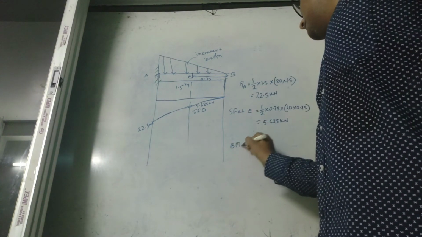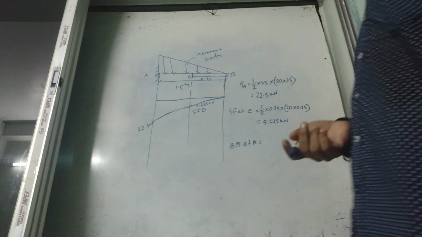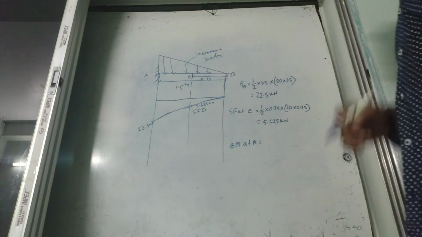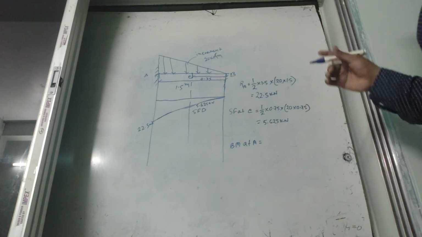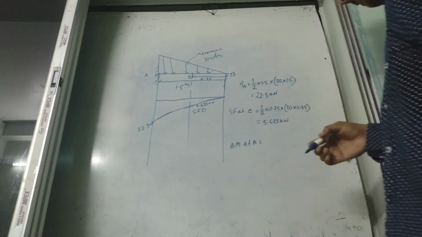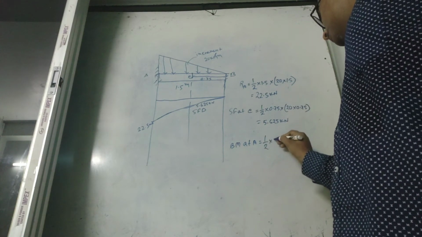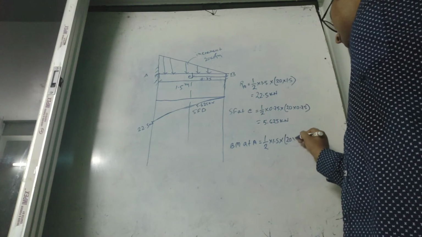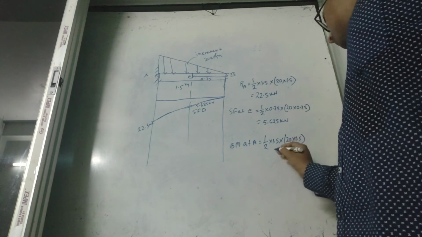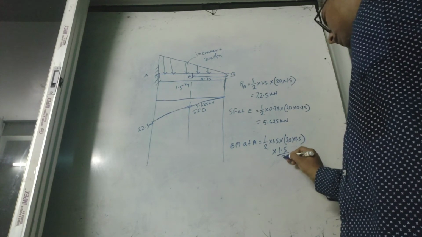I will calculate BM at A. For BM at A, if we go for the formula, I told you it is WL cube by 6, we can go directly according to that. And if we go for the detailed solution, then I will also go for that. Then half into base into height into, I told you the portion will be 1/3.